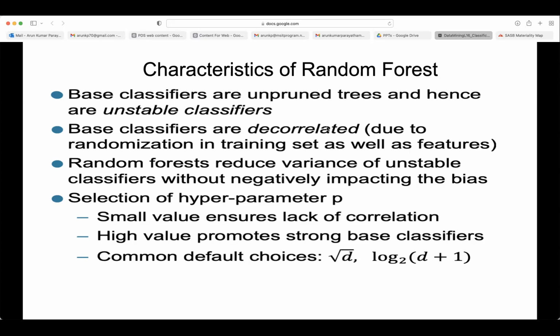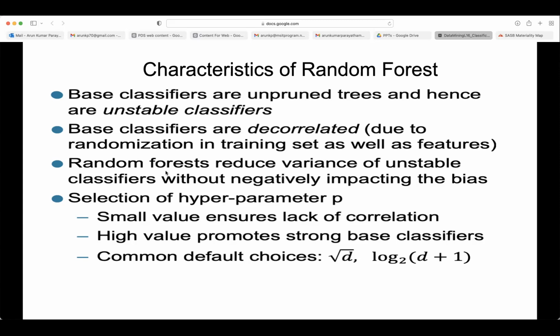This won't give a guarantee if some features are completely dependent on others, but it gives more chance that they are decorrelated because we select randomly. And if all features are dependent, there is no meaning in building anything; it's effectively only one feature. So this randomness brings decorrelation of the features, and we also change the training instances for each decision tree. That helps us assure ourselves that the base classifiers are independent and decorrelated.